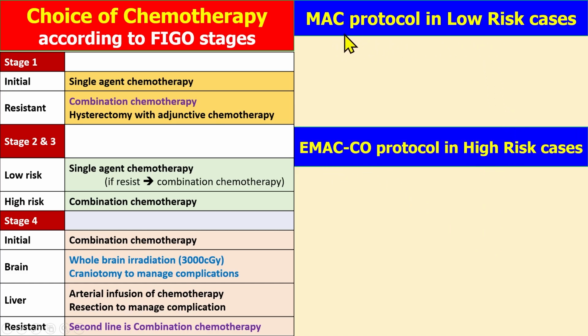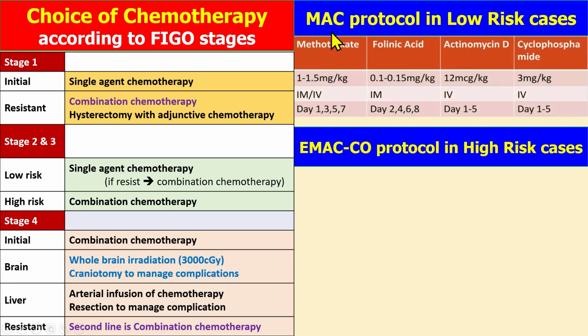The single agent, which you usually use in the low risk condition, is methotrexate, folinic acid, actinomycin D, and cyclophosphamide. On days 1, 3, 5, and 7, you give this dose IM or IV, and on days 2, 4, 6, 8 with folinic acid, and for days 1 to 5, you continue these drugs.